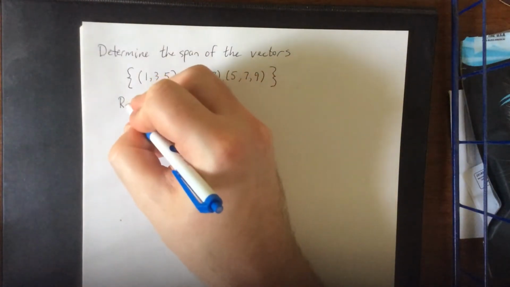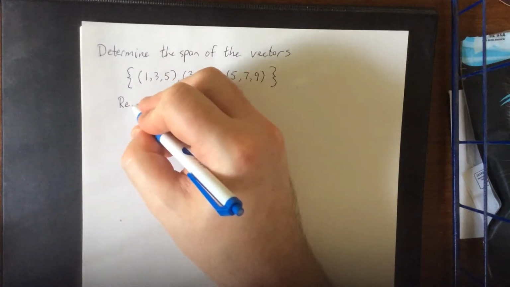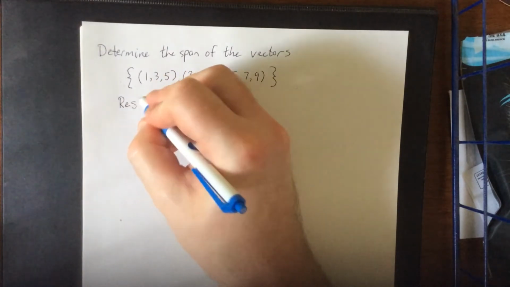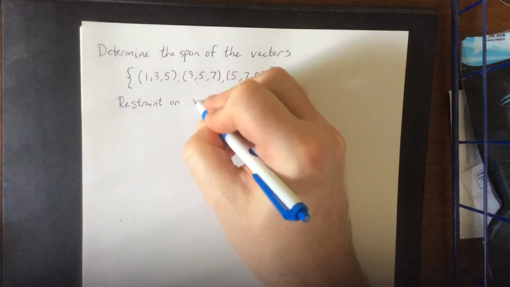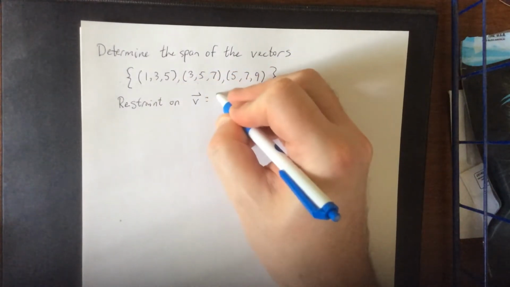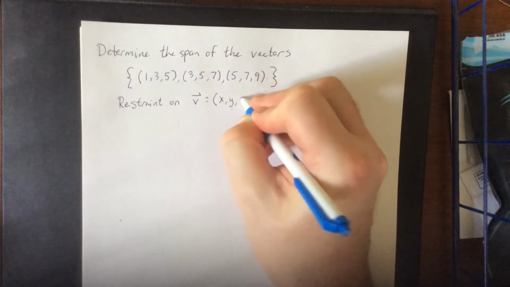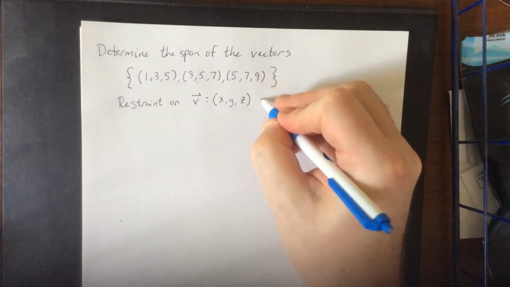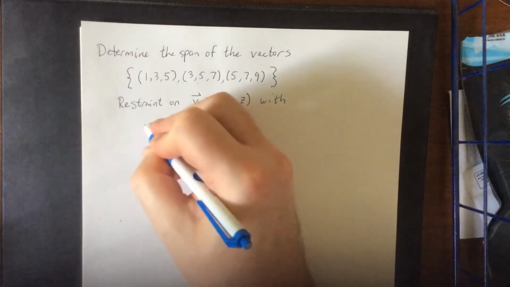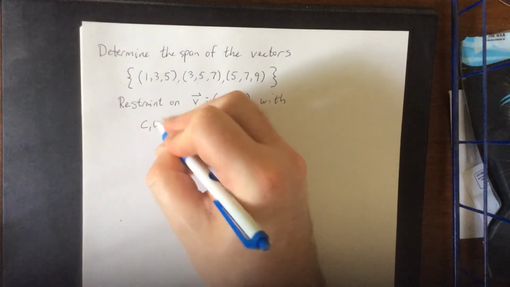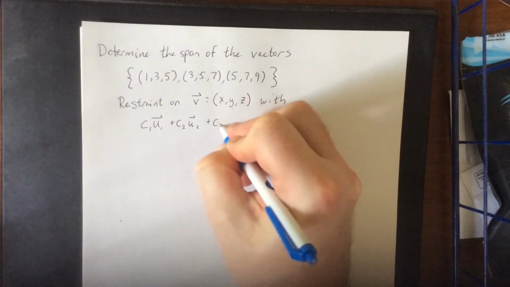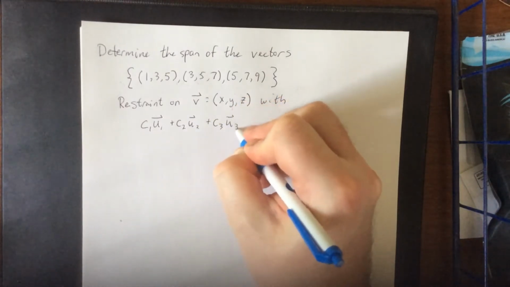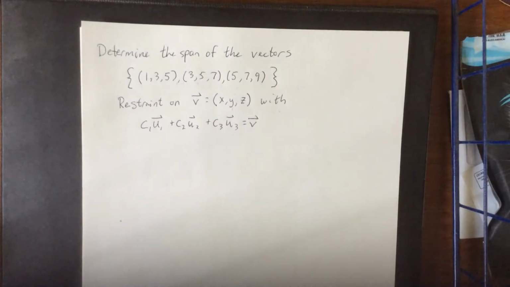So what we're going to try to determine is the restraint on a vector v, which we'll refer to as the vector xyz, with c1u1 plus c2u2 plus c3u3 being equal to the vector v.